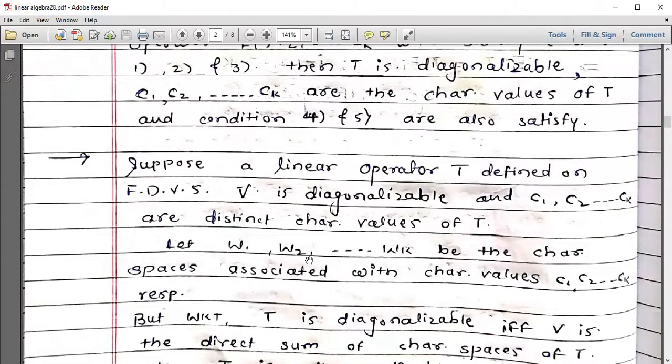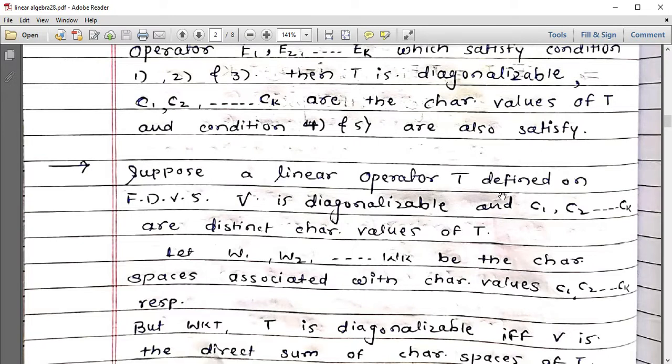Suppose a linear operator T is defined on a finite dimensional vector space V. Assuming T is diagonalizable, and c1, c2 up to ck are distinct characteristic values of T. Now let W1, W2 up to Wk be the characteristic spaces associated with the characteristic values c1, c2 up to ck respectively.